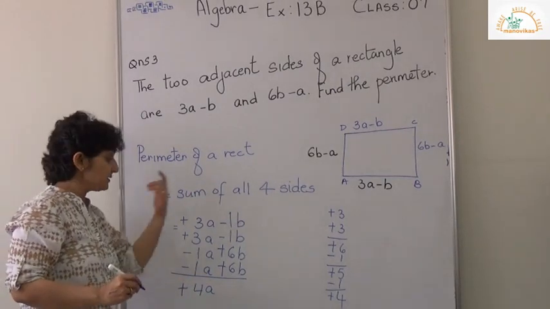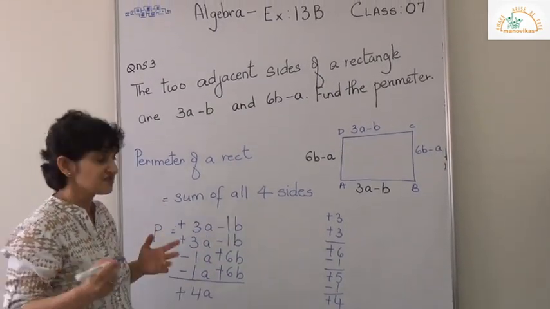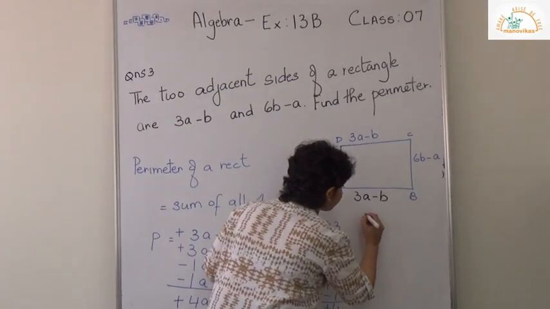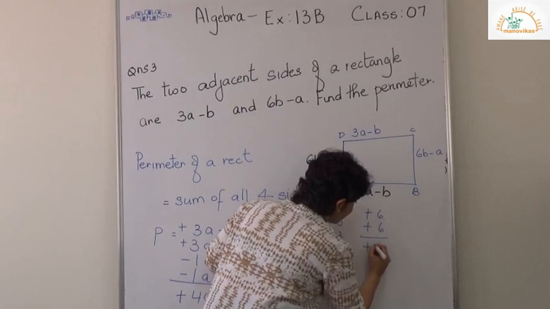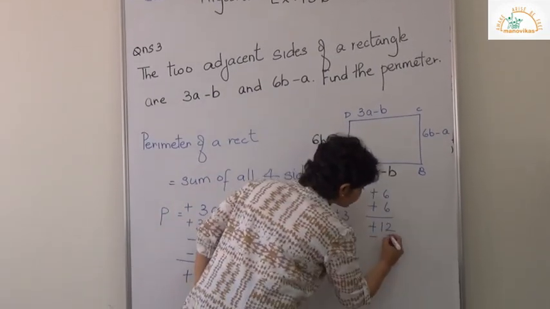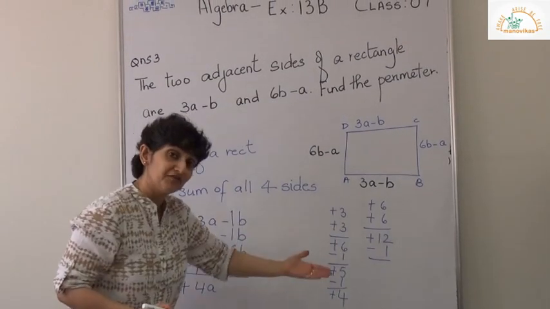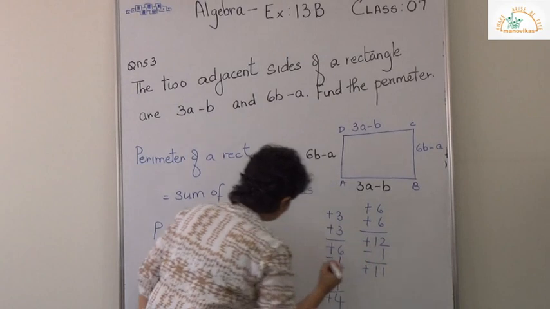Now let me take the bigger number. So let me start from down. 6 plus 6 gives me 12. Right, children? Plus 6 would give me plus 12. Then minus 1. Different family, subtract. Put the sign of the bigger number. Plus 11.